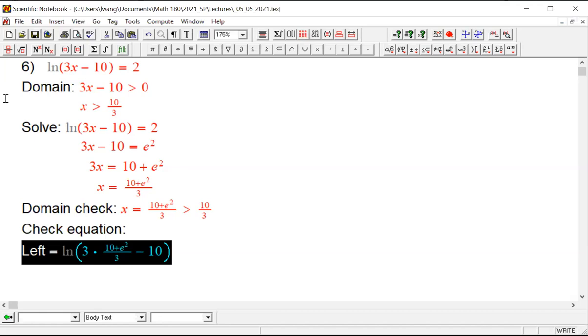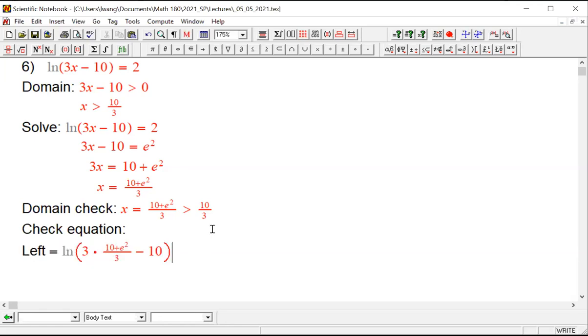Okay, so don't drop these two steps. I know we have the tendency to go straight to the solution. I do too. But we must be aware that the more we do this, the better you're going to be. Okay, so you can see this 3 and that 3 will be reduced.